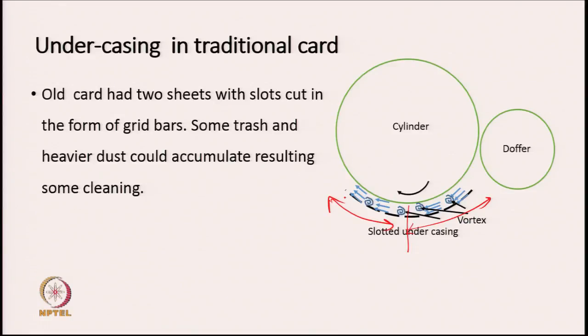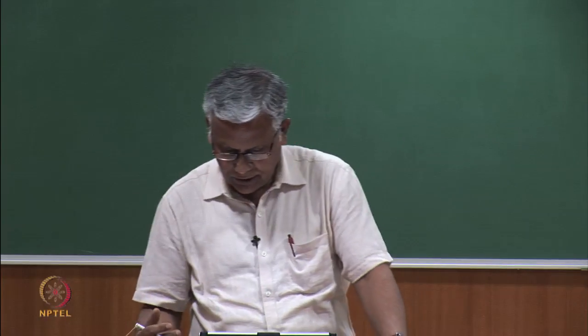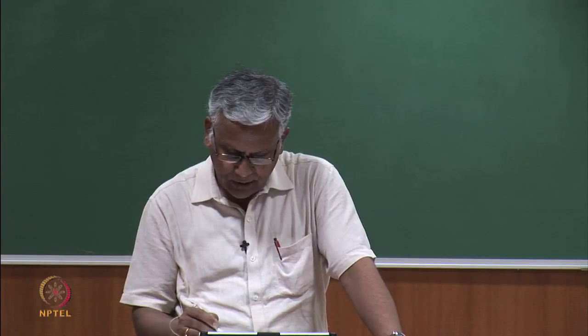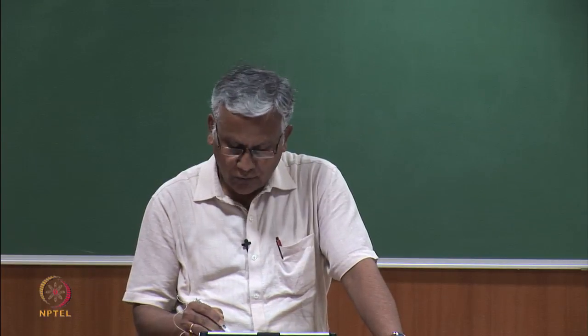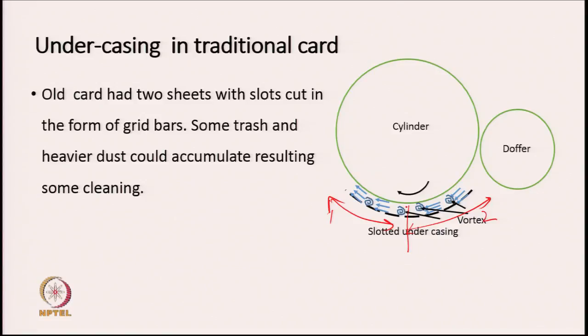The under casing was divided into two parts, 1 towards the Licarin, 2 towards the Dhafir. This was there in the traditional cards, and the purpose of this under casing was to give support to the fibers, so that they do not fall easily from the cylinder surface and accumulate below the cylinder.